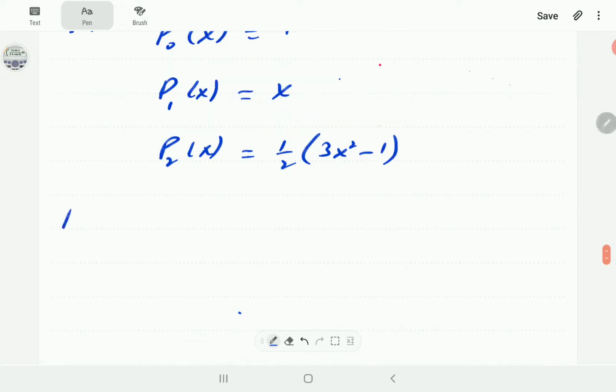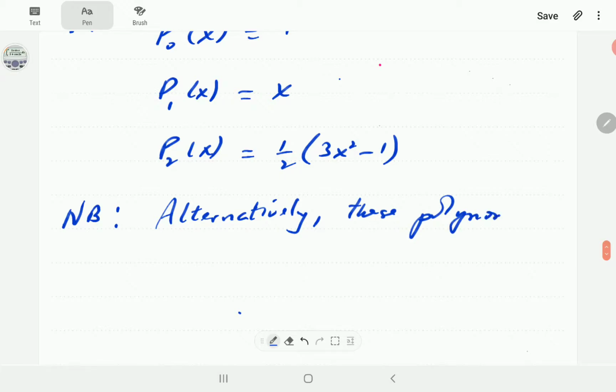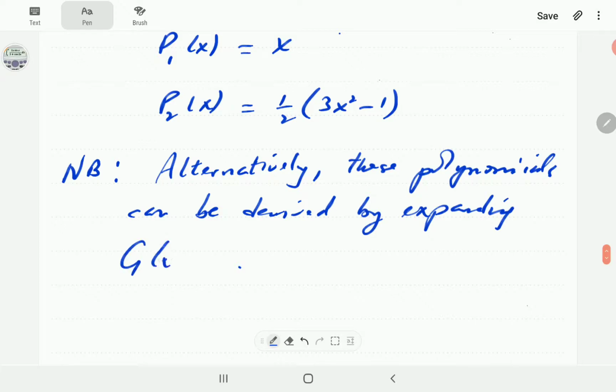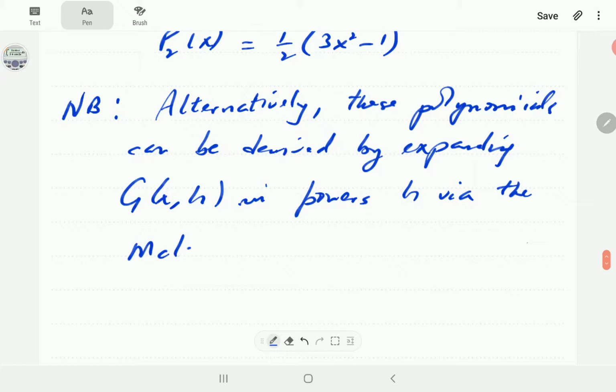So let's just mention here that the same result can be obtained, alternatively, these polynomials can be derived by expanding the generating function in powers of h again, but this time via the Maclaurin series.